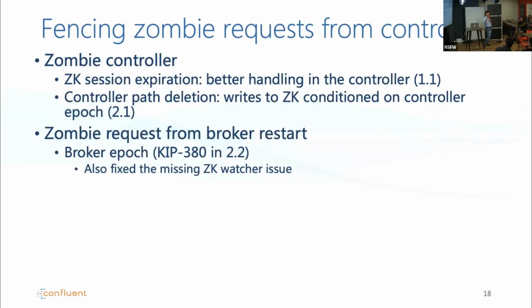There's a separate path in Zookeeper where we register the latest version of the controller. Every time the controller changes, the controller has to bump up that version. And each controller keeps that version in memory.